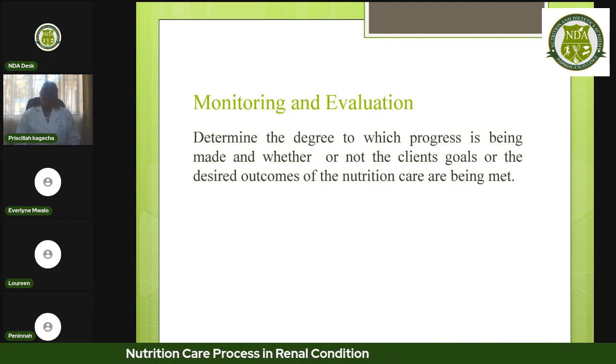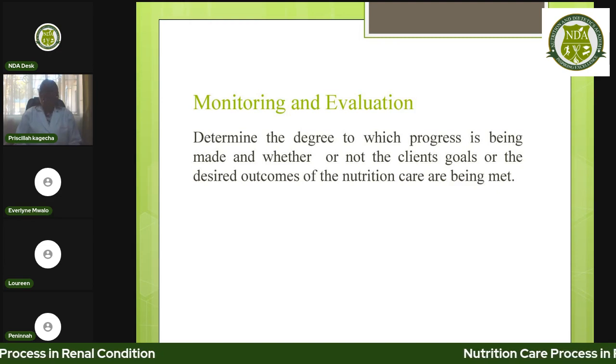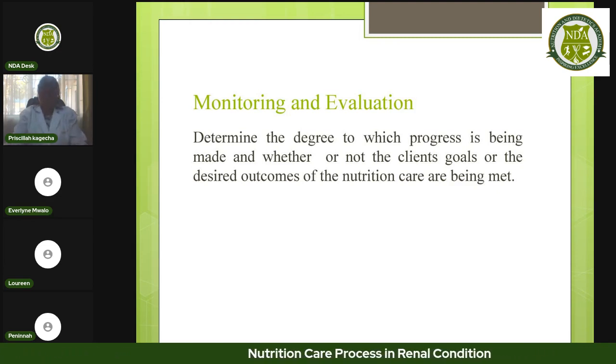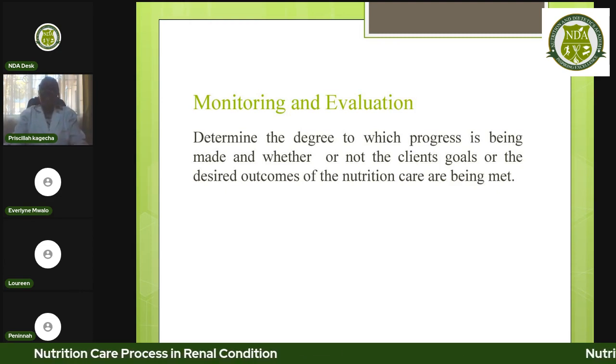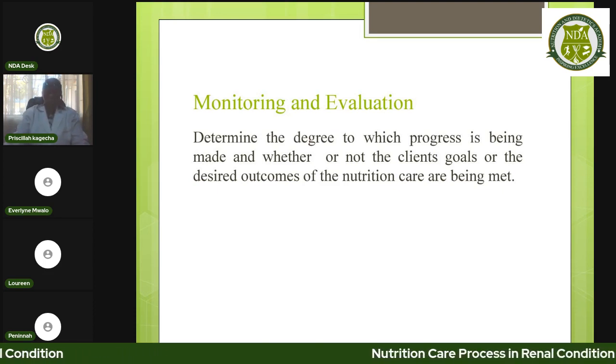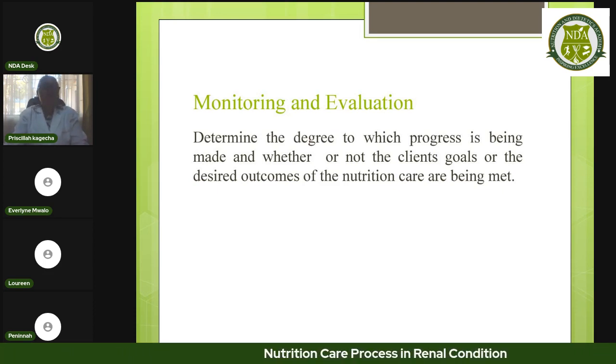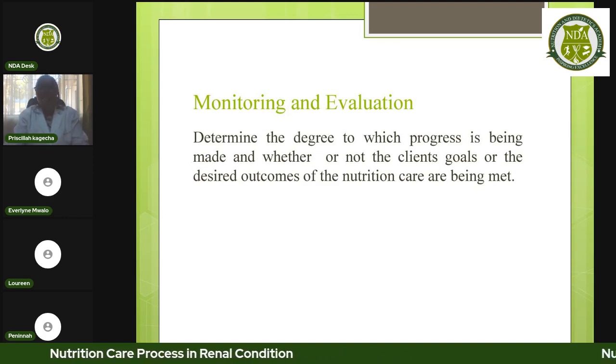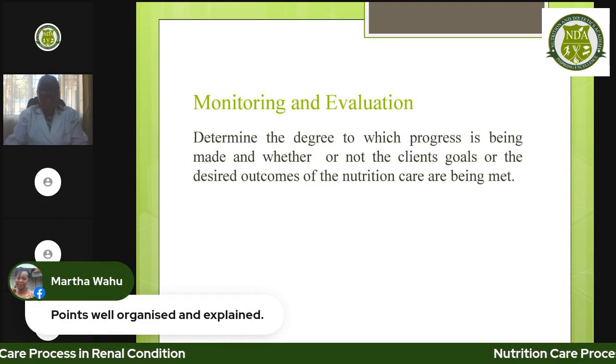So when a patient, for example, comes in with hyperkalemia and say it's not too high, maybe it's 5.7, and they've gone for dialysis, then you probably want to do nutrition counseling and talk to them about the foods that are high in potassium, so that they can limit their intake.